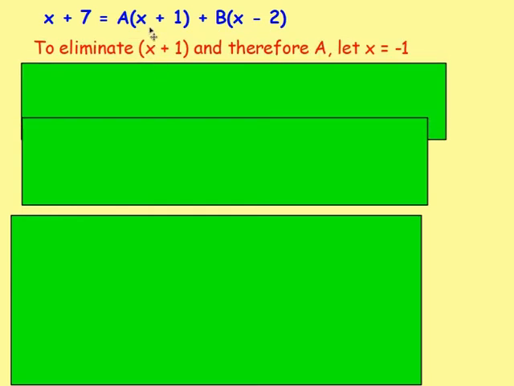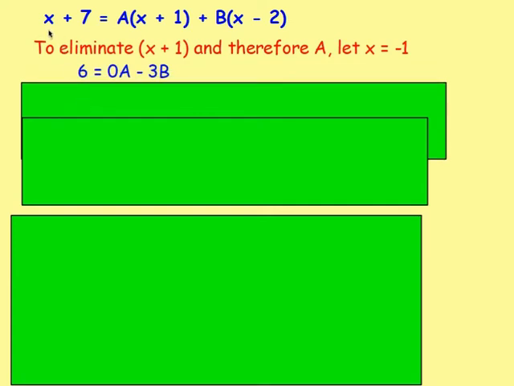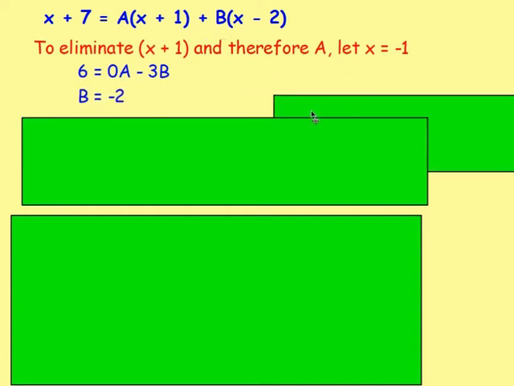So to eliminate x plus 1, and therefore eliminate A, let x equal negative 1. That will give you negative 1 add 7, which is 6, equals negative 1 add 1 times A, which is 0A, which eliminates A, and negative 1 take away 2 is negative 3, so that will be negative 3B. That lets us work out the value of B. And from there, B will equal negative 2. So we know the value of B.